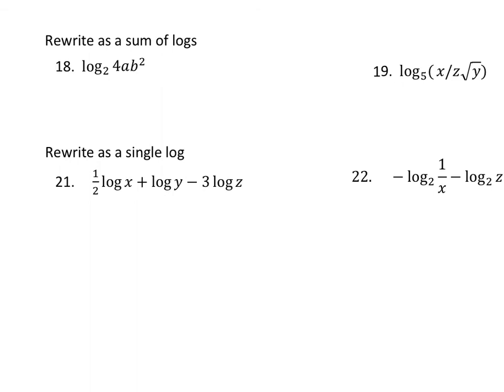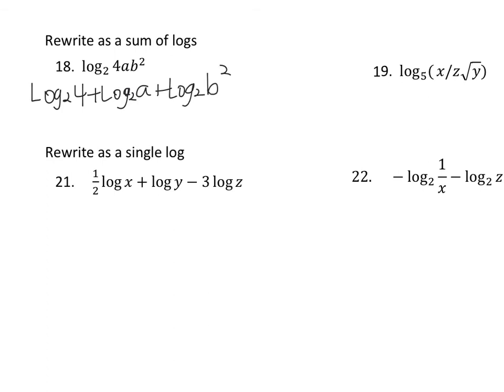The log base 2 of 4ab squared. So each of these has to be in its own separate log, the 4, the a, and the b. My product property tells me my products can be written as addition. So I have the log base 2 of 4 plus the log base 2 of a plus the log base 2 of b squared.